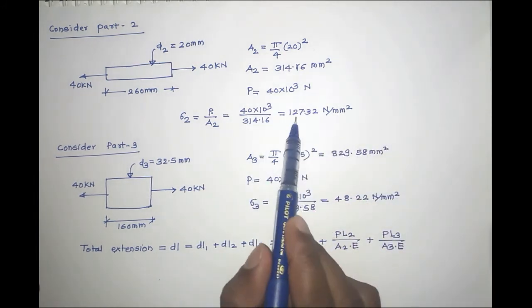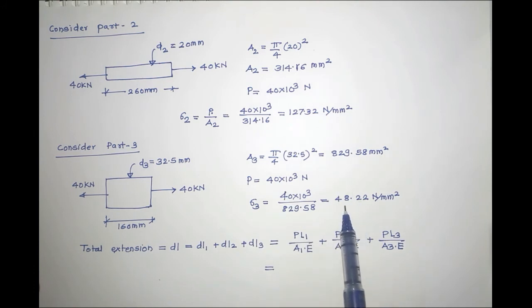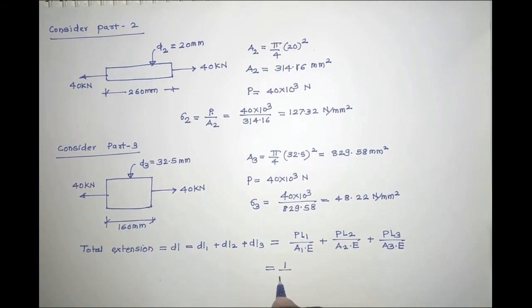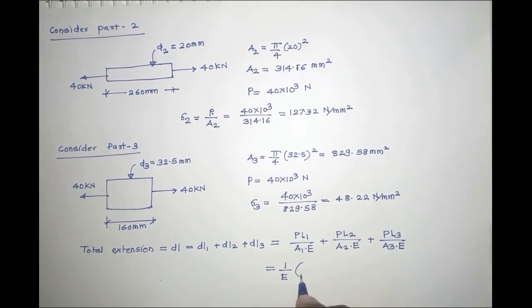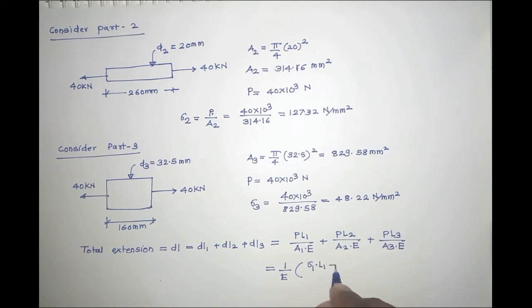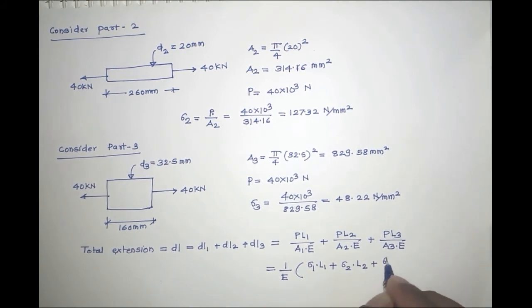The value of E is common, so we can take it common. So 1 upon E into sigma 1 L1 plus sigma 2 L2 plus sigma 3 L3.